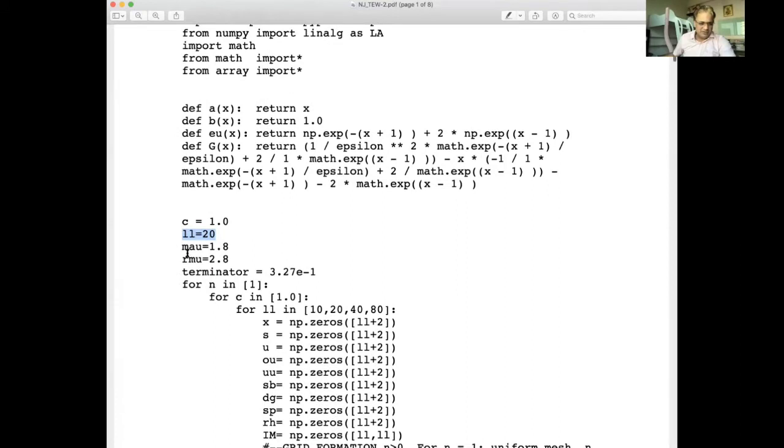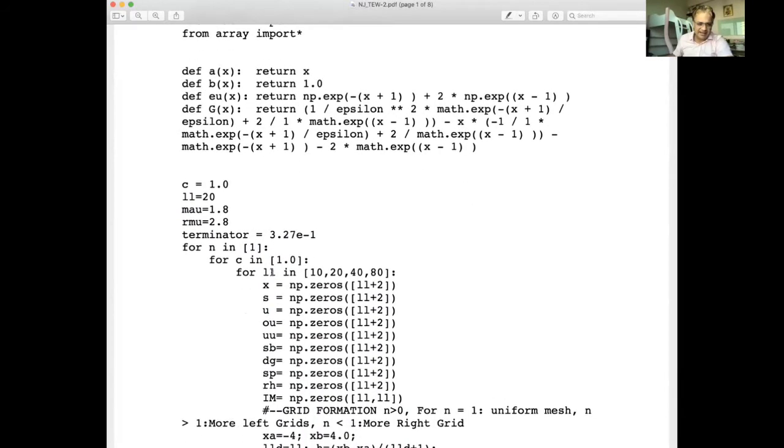Don't mind these two lines for the time being, because I have put them in a loop just to run it several times. For understanding, just take c as 1 and n as 1; n is used for generation of the grid. Here I have taken LL equal to 10, 20, 40, and 80.